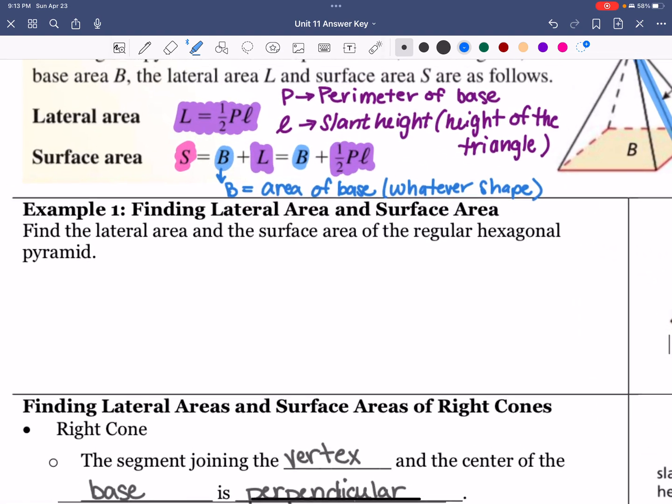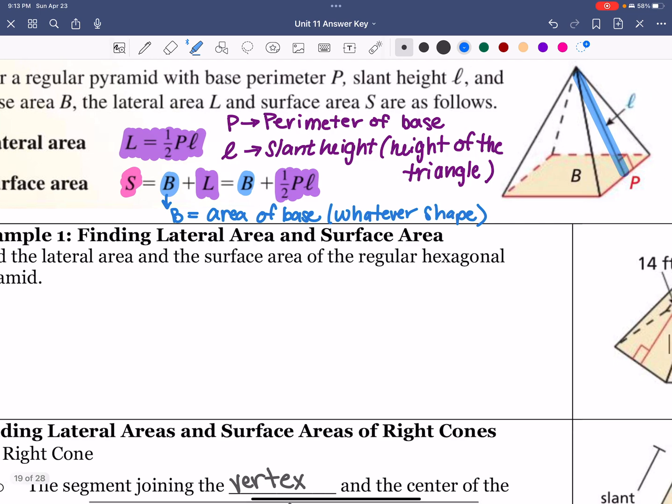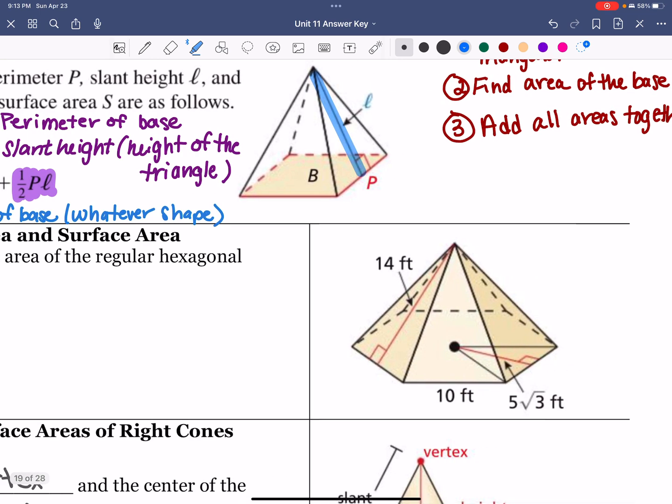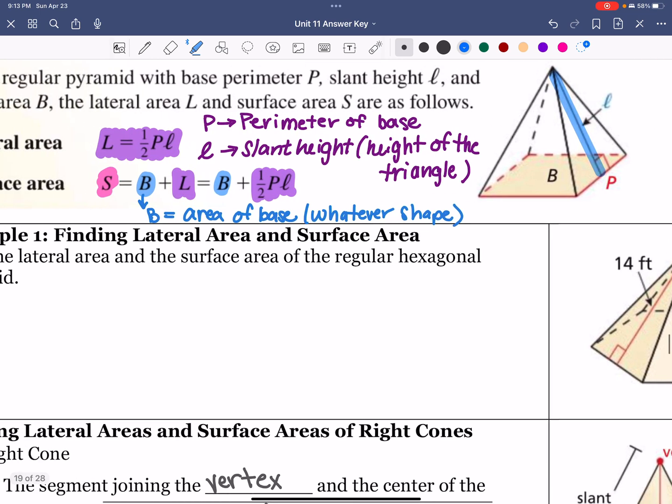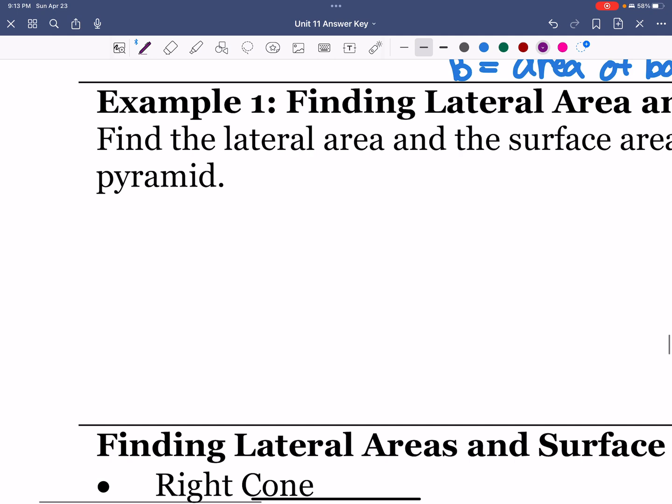So coming down here, let's go ahead. We're going to find the lateral area and surface area of this lovely pyramid here. Whew, we should have all of our information. Let's start with our perimeter, which equals the number of sides times the side length.